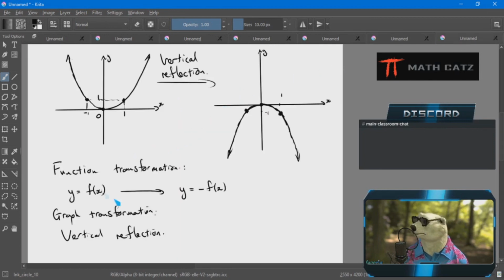When I take the right-hand side and multiply it by -1, it's again a vertical transformation. Different transformations, but it's all vertically done. When I do something to the right-hand side, depending on what I do, something happens to the graph, but it's always vertical, which is why I want to help myself remember that by calling it a vertical reflection.